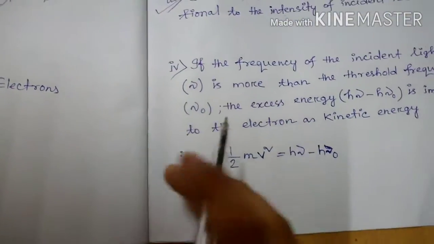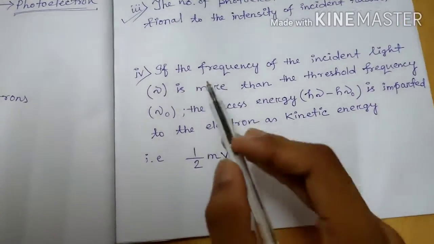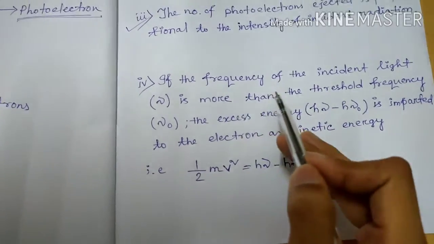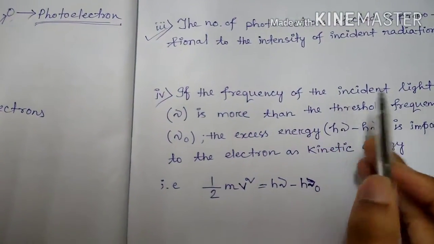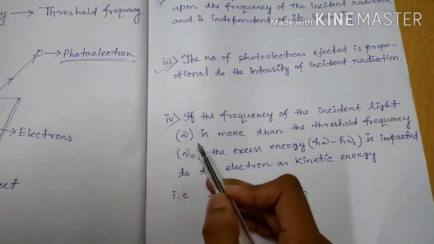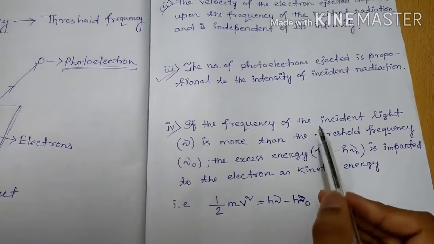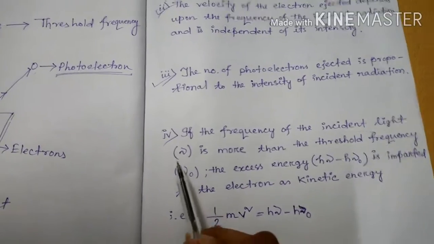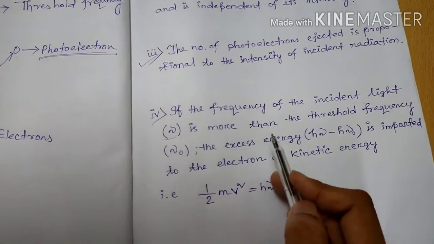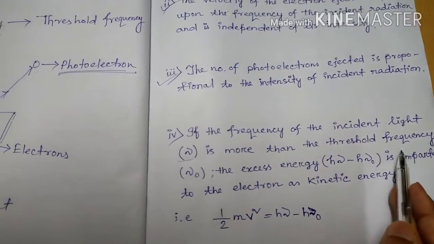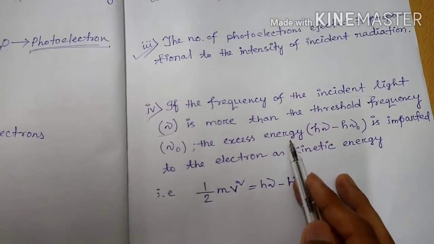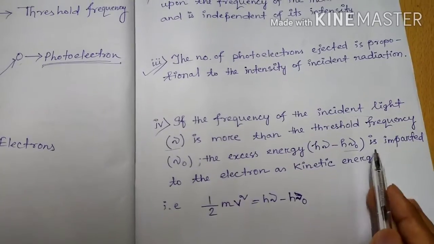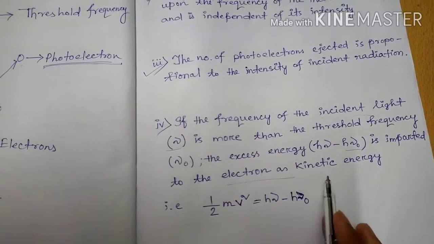Now come to the number 4 point. Let the frequency of incident light nu be more than the threshold frequency, means minimum frequency, then excess energy h nu minus h nu naught is imparted to the electron as kinetic energy.